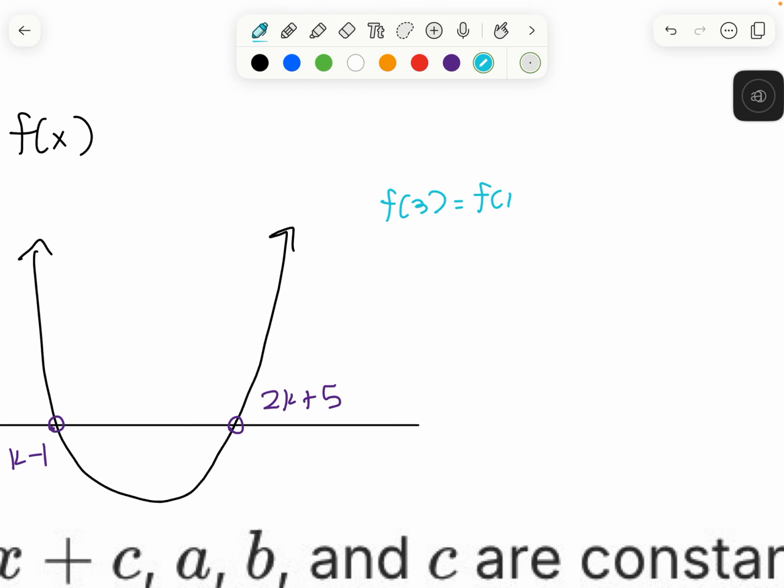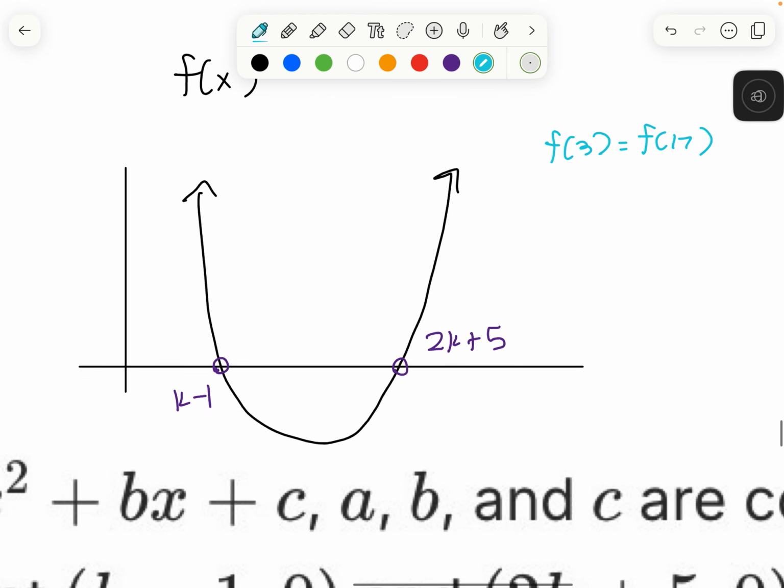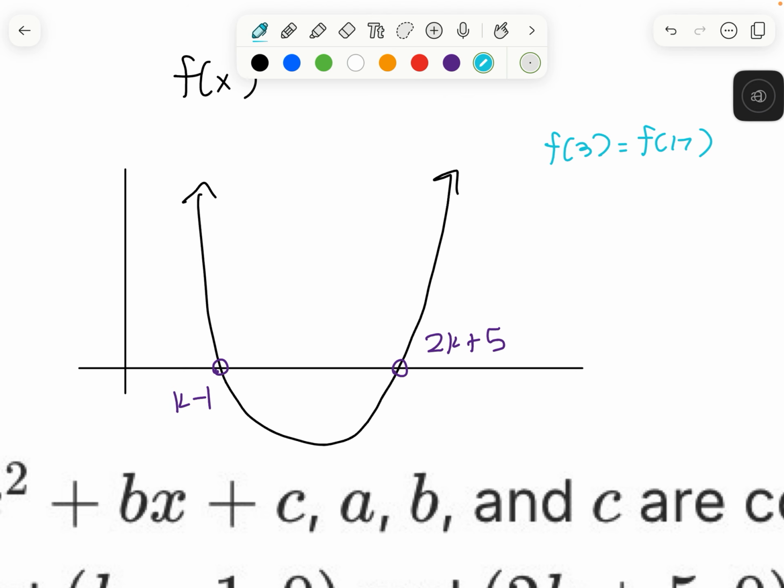Okay, so you might be wondering, how do you even find the value of k then? You don't know the parabola, but there has to be some way to solve for k. Well, the reason I told you to first notice that this is a parabola is because right down the middle, we have what we call an axis of symmetry.